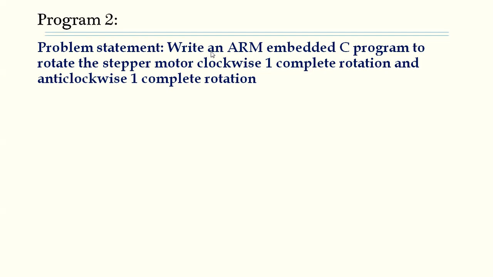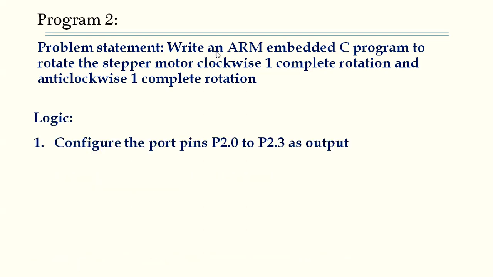So the logic of the program is pretty simple. We need to make P2.0 up to 2.3 as the output pins. Then you give the sequence to the motor as 8, 4, 2 and 1, which makes the motor rotate clockwise, and you inverse the sequence and we'll see that it rotates in the anti-clockwise direction.